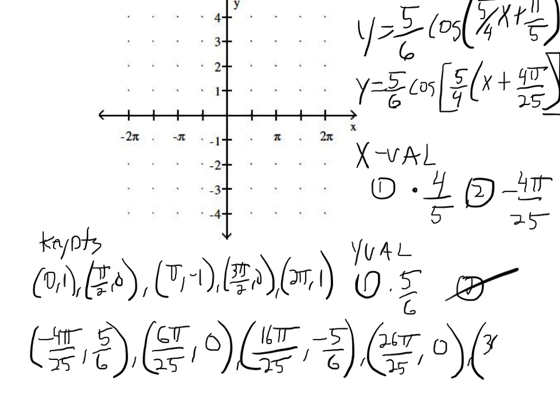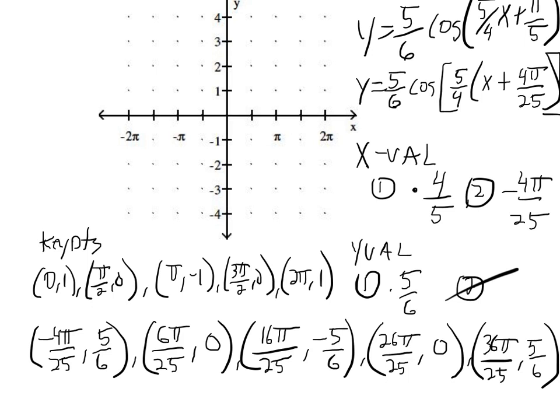And 36 pi 25ths. And 5/6. The y values are easy because you multiply by 5/6. So there are 1 times 5/6, 0 times 5/6, -1 times 5/6, 0 times 5/6, and 1 times 5/6. The x values are a little bit harder, but even your calculator could do that if you had to.